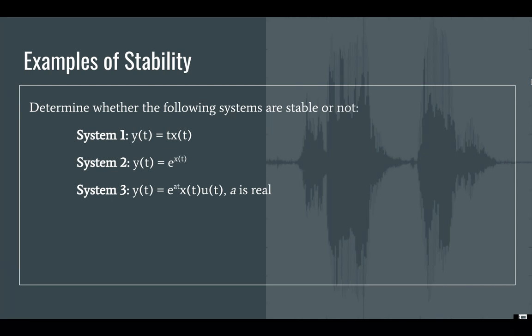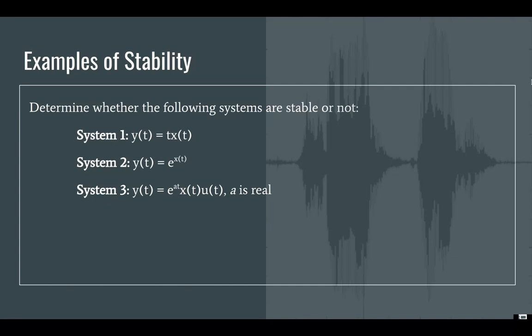For system S2, we cannot find a bounded input that results in an unbounded output. We want to verify that all bounded inputs result in bounded outputs. Specifically, let b be an arbitrary positive number, and let x(t) be an arbitrary signal bounded by b. We therefore have negative b less than x(t) less than b for all t, and y(t) satisfies the bound shown.